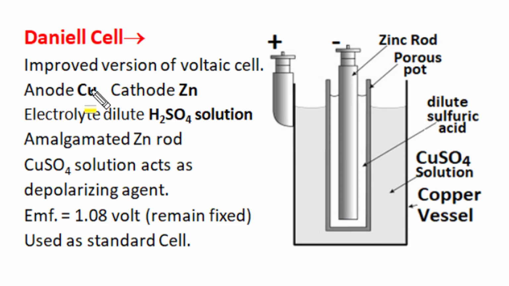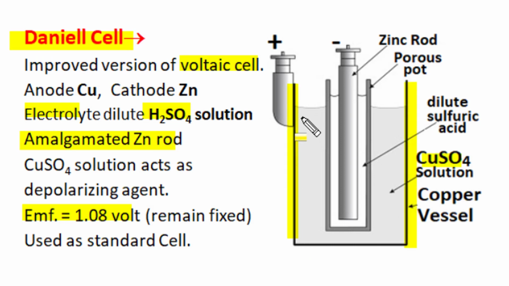The Daniell cell shown here is an improved version of the Voltaic cell. All three, anode material copper, cathode material zinc and electrolytic solution dilute sulfuric acid, are the same in Voltaic cell and Daniell cell, and EMF depends upon these three materials of anode, cathode and electrolyte, so it is the same 1.08 as that of the Voltaic cell. The anode copper is taken as the vessel for the cell.